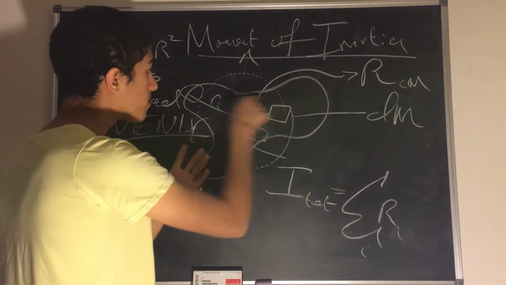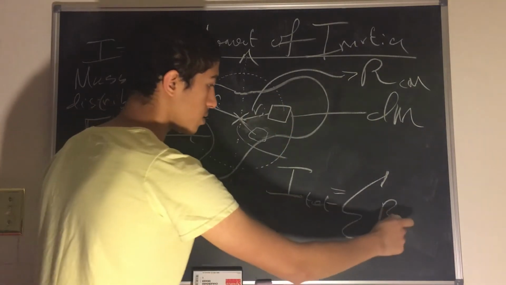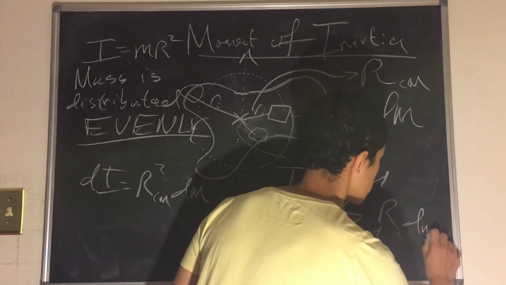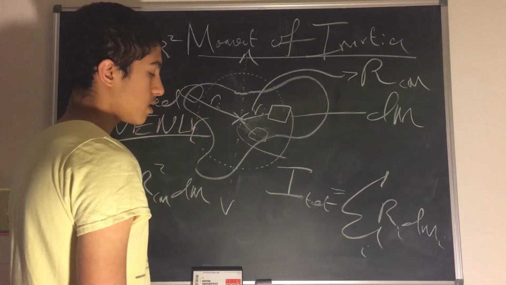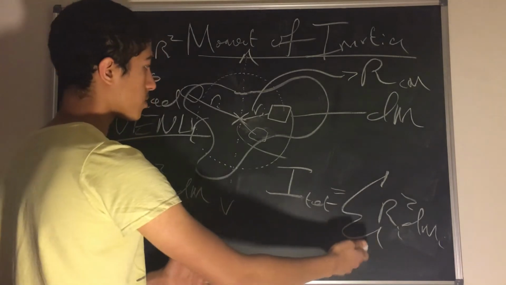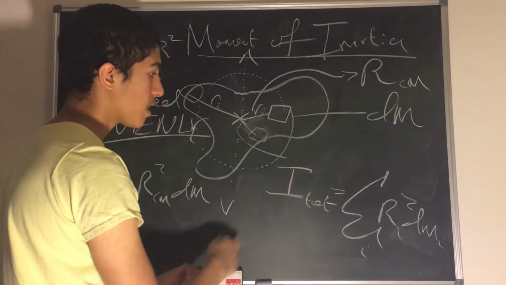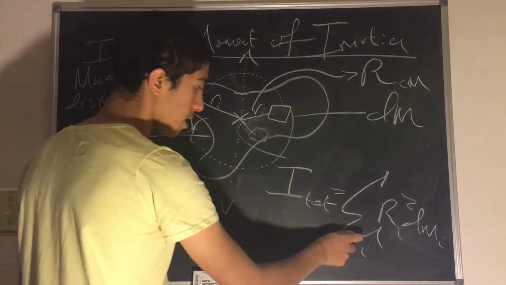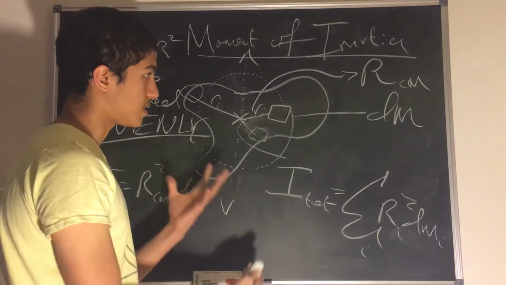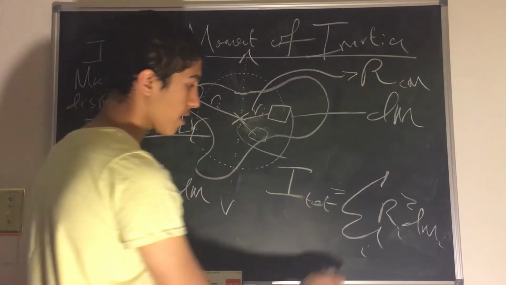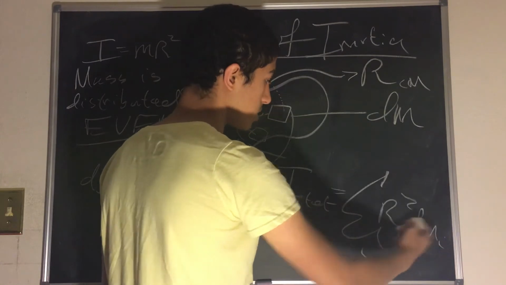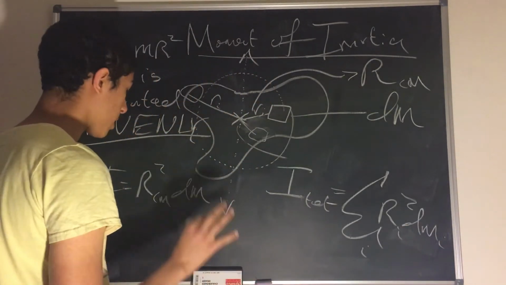You get the concept. They have differing values of r, so we sum up over different values of r_i squared times different values of dm_i. So we evaluate the function and we sum it over each different dm. And since we have infinitesimal dm parts in our rigid body, we have the infinite sum of r_i squared times dm_i. So that becomes an integral.